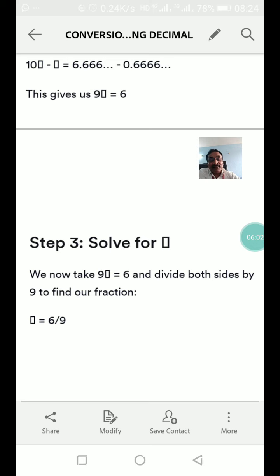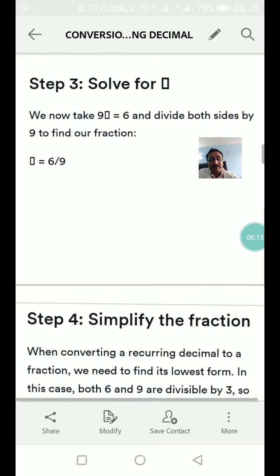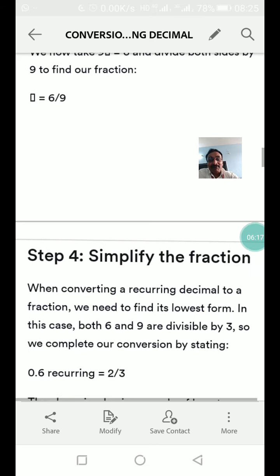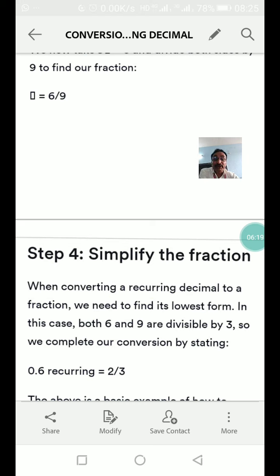We now take 9x equal to 6 and divide both sides by 9 to find our fraction, x equal to 6 by 9. After this, we simplify 6 by 9. When converting a recurring decimal to a fraction, we need to find its lowest form. And you know that you have to do the simplest form.